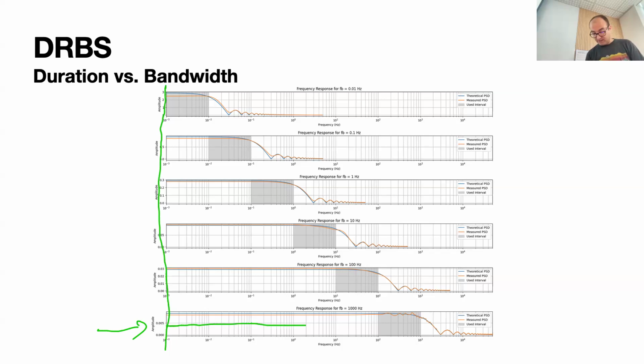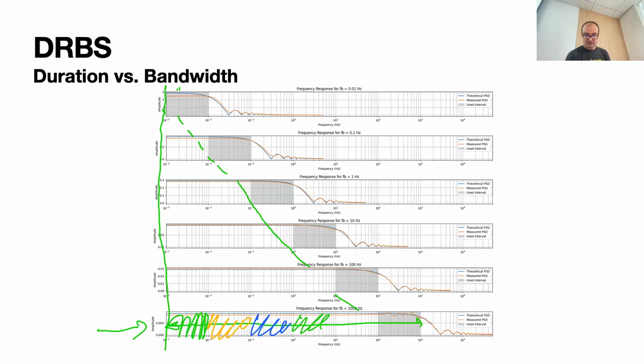And since I want to estimate my eyes in this frequency, why am I dividing this like this? The first one only captures this part, the second signal only this part, the third this one, the fourth this one, the fifth, and then the last one here. Why am I slicing this when the last signal contains everything?